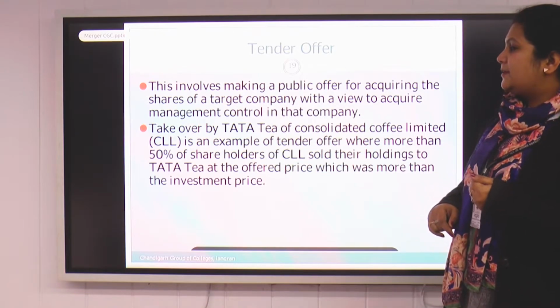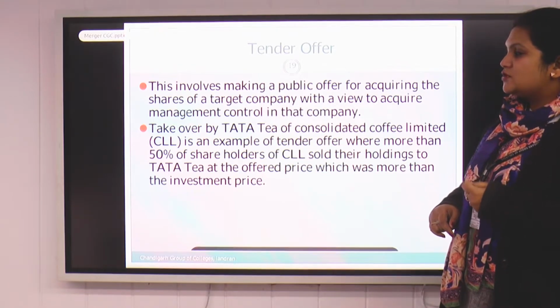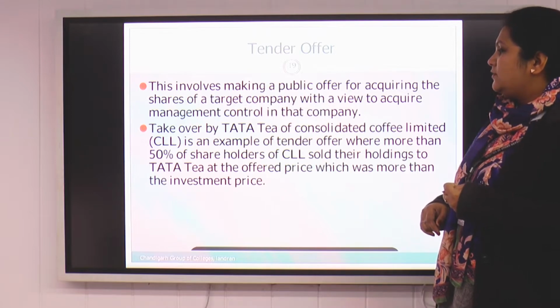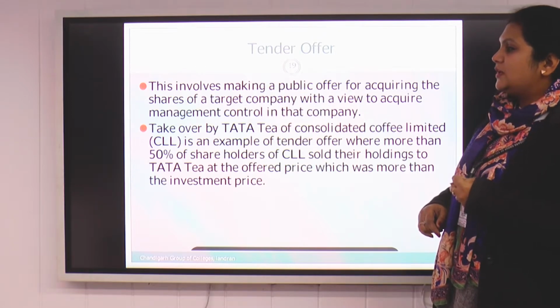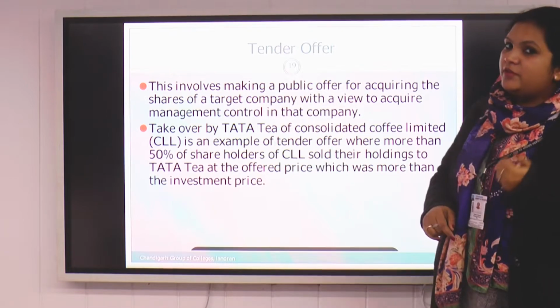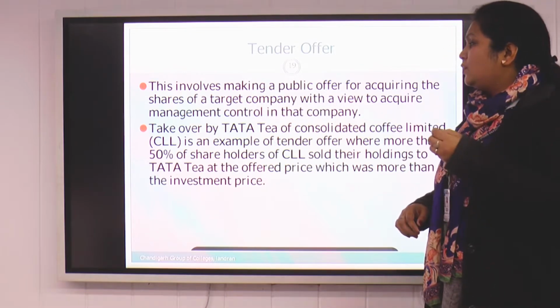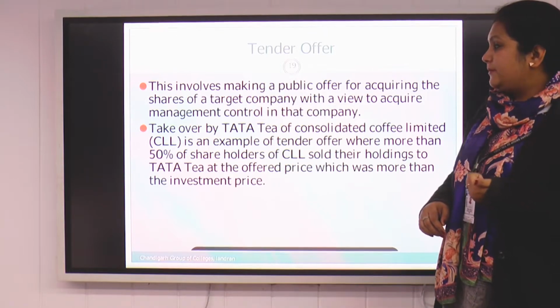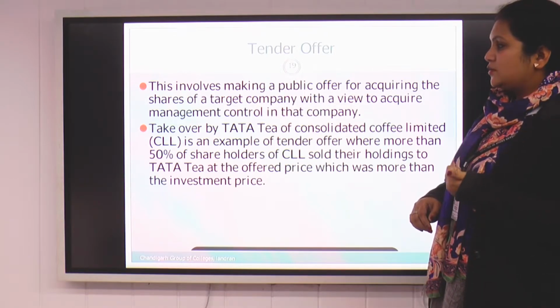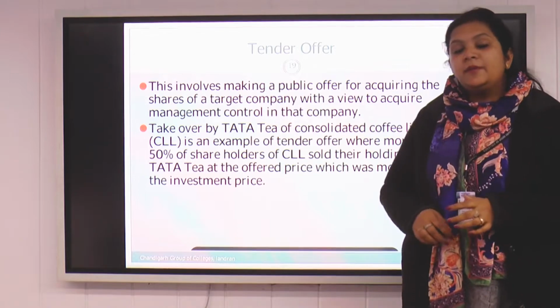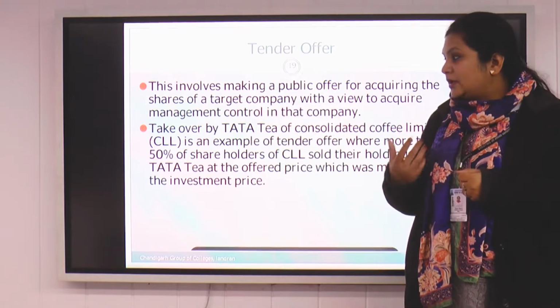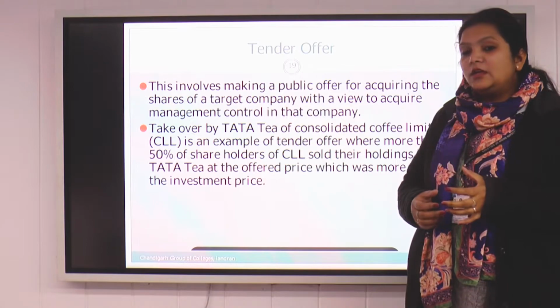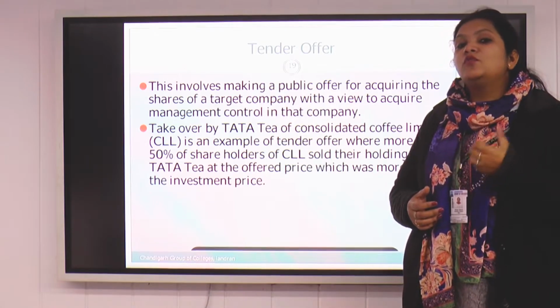This involves making a public offer for acquiring the shares of the target company with a view to acquire management control in that company. So it could be with public companies also, wherein a public offer could be made to acquire the shares of your target company in order to get control over the management of that company.